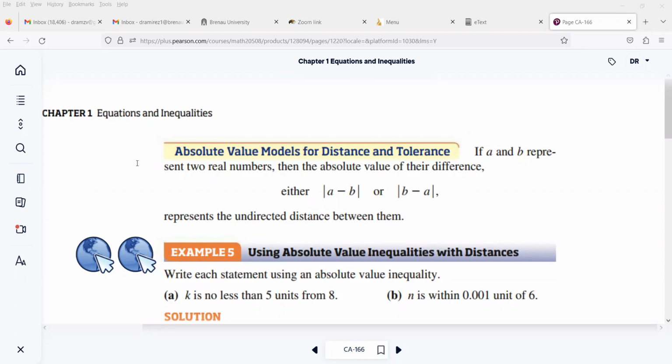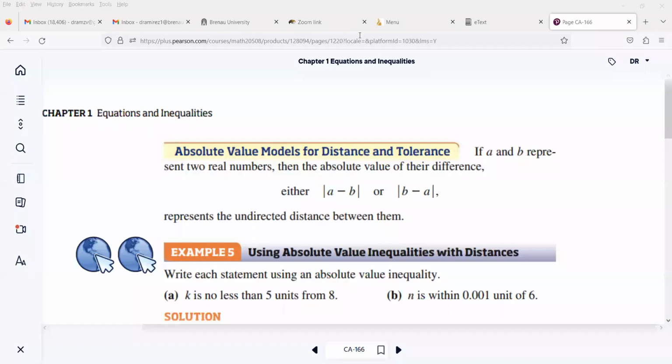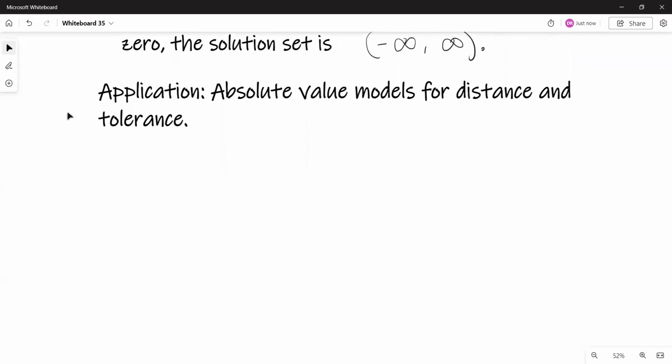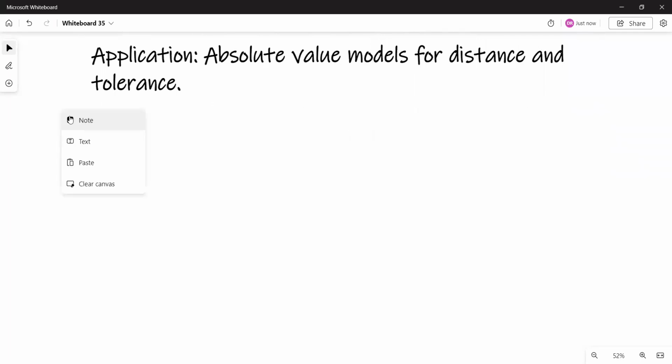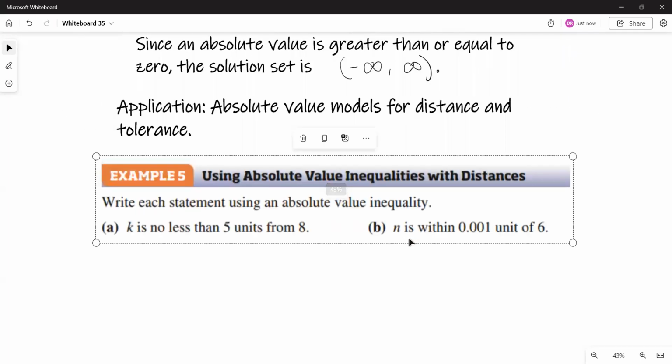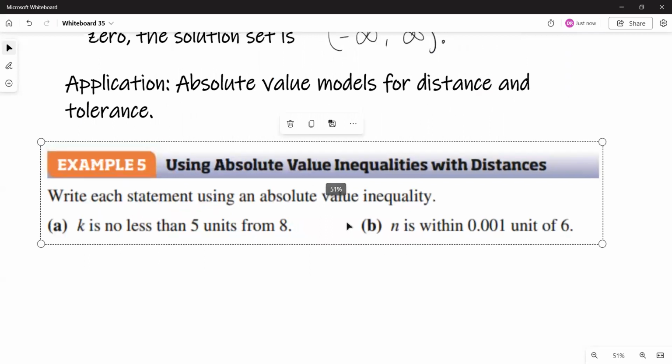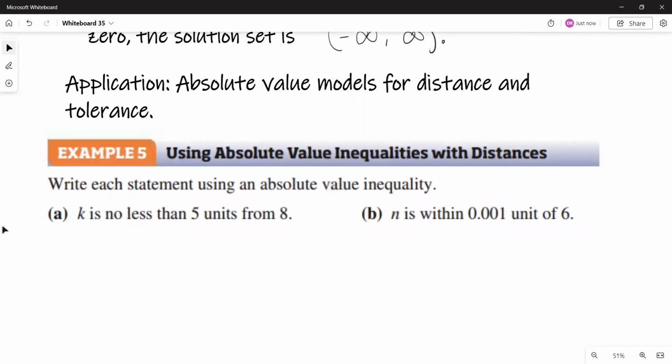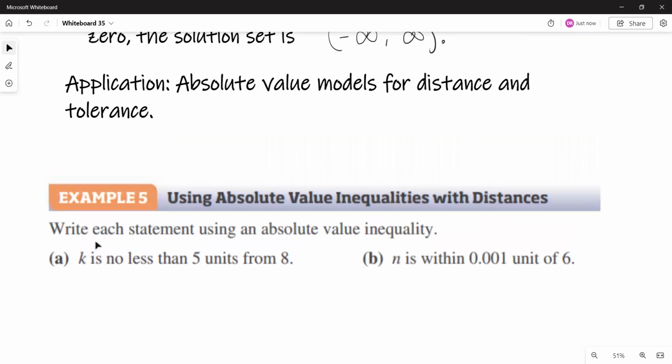So we're going to do example 5. We're not going to solve it, we're just going to write an absolute value inequality.